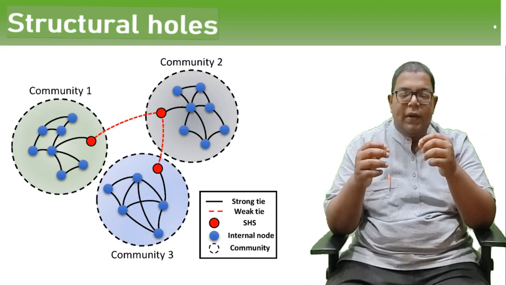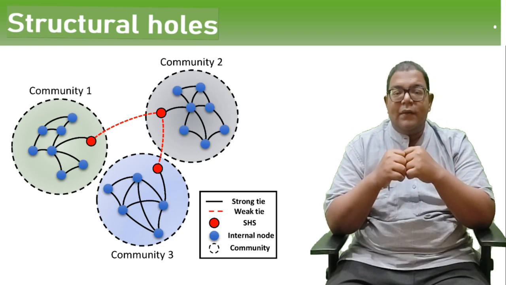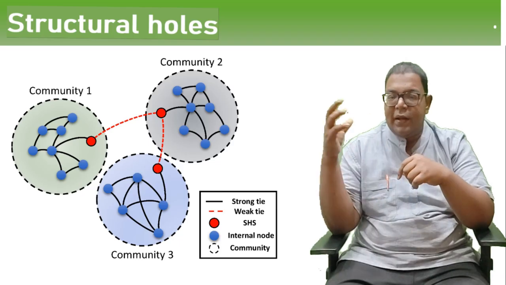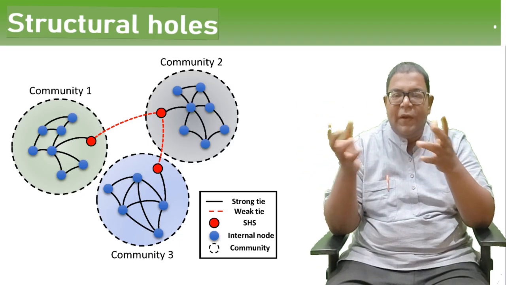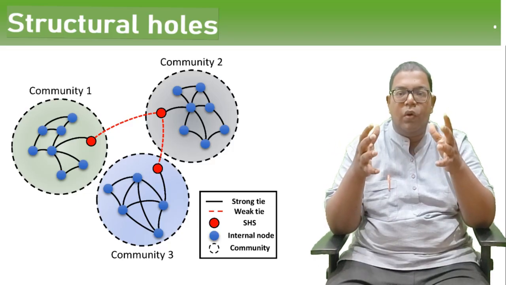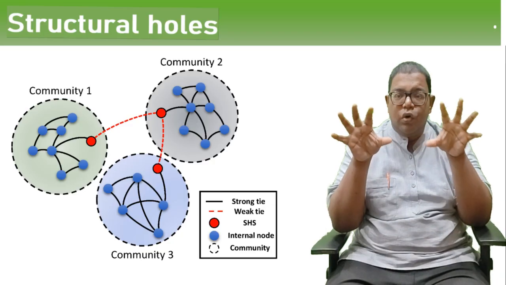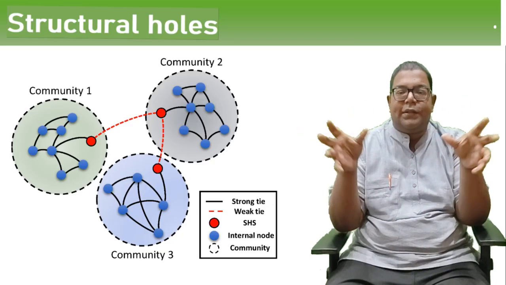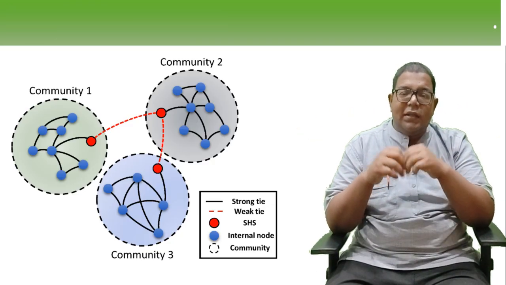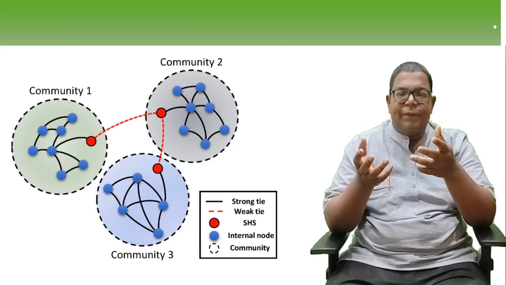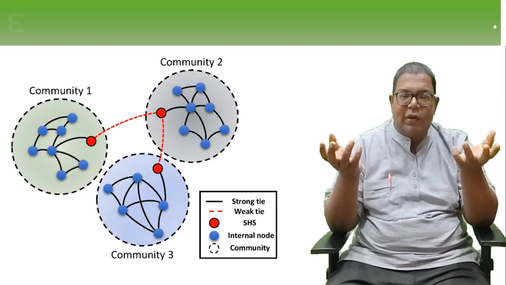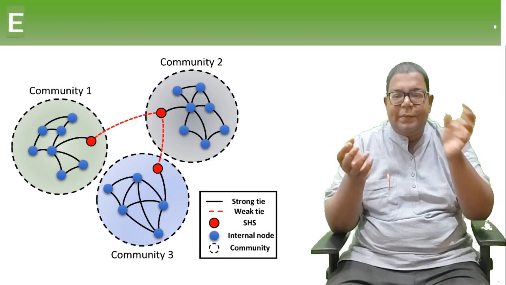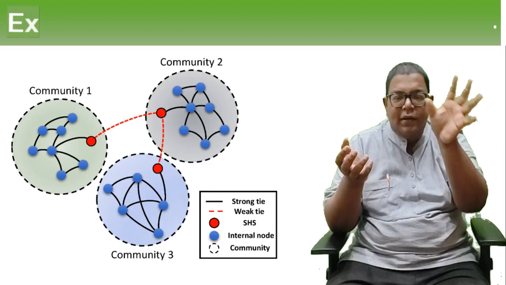Think of LinkedIn networking. A consultant who connects the healthcare industry with IT companies is filling a structural hole because these two groups normally don't interact with each other. Another example is in a university. If a student belongs to both a drama club and a coding club, they act as a bridge between two disconnected communities.